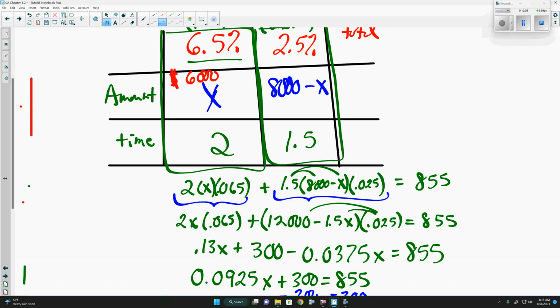What would our 2.5% be? 2,000, because we know how much did he have total? 8,000. So those two should add together to be 8,000. Or we could have plugged in 8,000 minus 6,000, which would give us 2,000. So the two amounts are just these here. Questions on any of this so far?